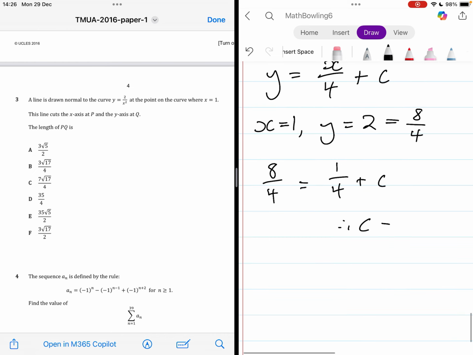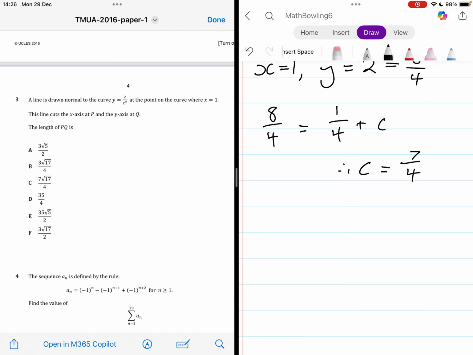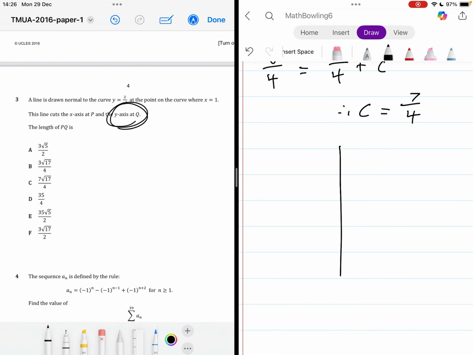So c is going to be 7 over 4. That should be quite simple to see why. That's our y-intercept, obviously. So the y-axis at Q is going to be positive. It's going to be around here, 7 over 4.